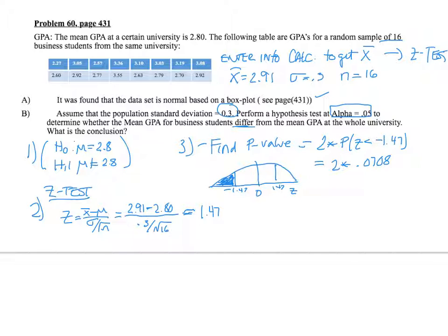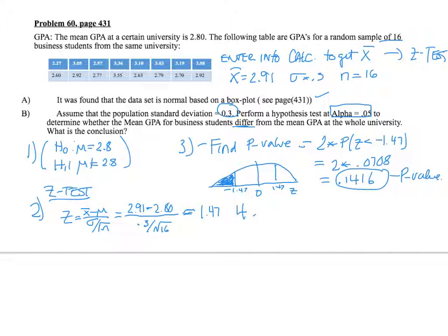And that's equal to 2 times, when I found it on the table, 0.0708. And so my p-value is equal to 0.1416. So there's my p-value. If I do it on the calculator, well, step 4.